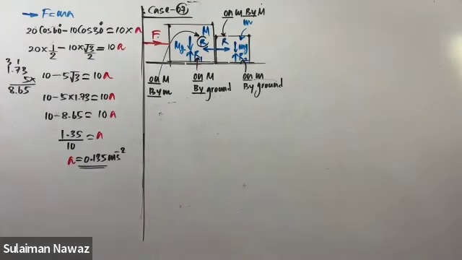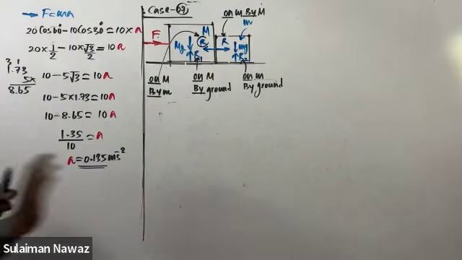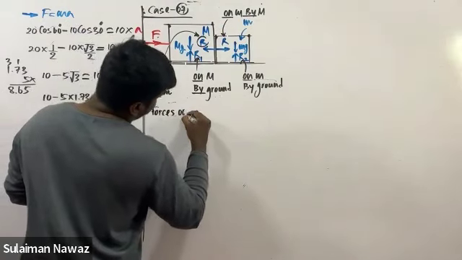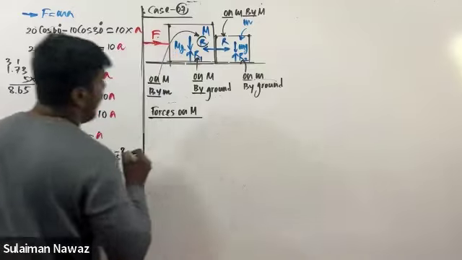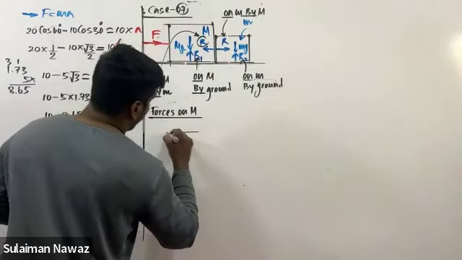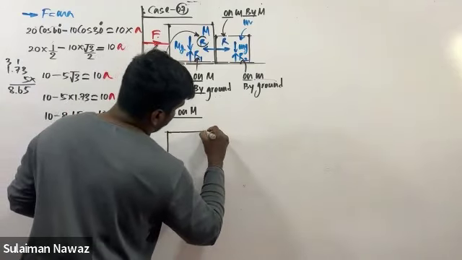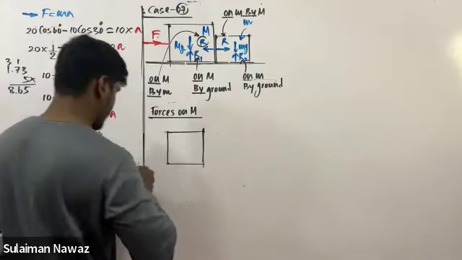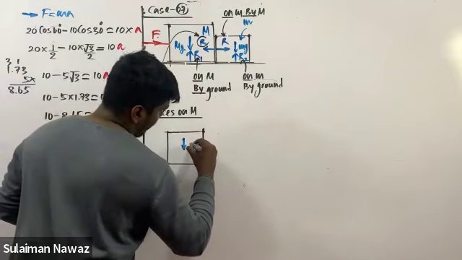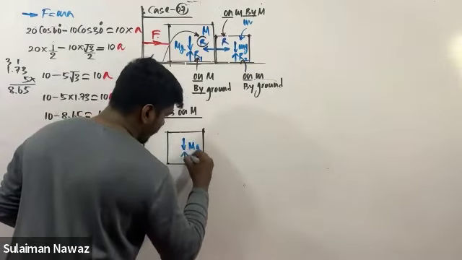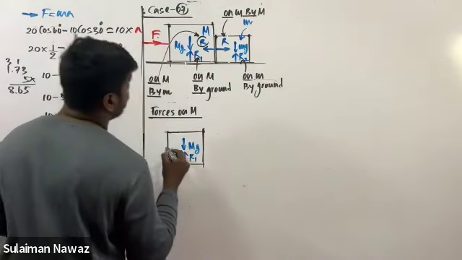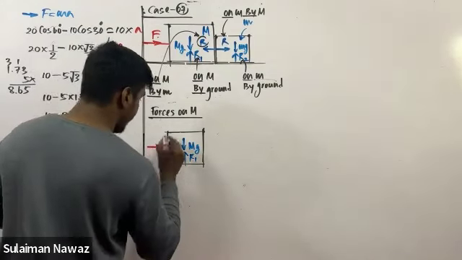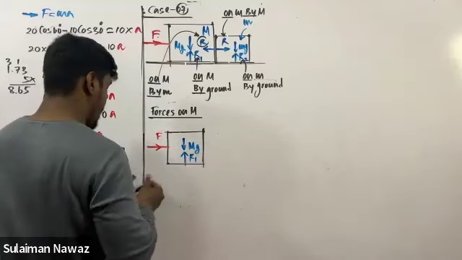Now shall we mark the forces? If we mark the forces only on capital M, draw capital M mass, with capital Mg downwards, R1 upwards, capital F to the right side, and R to the left side.